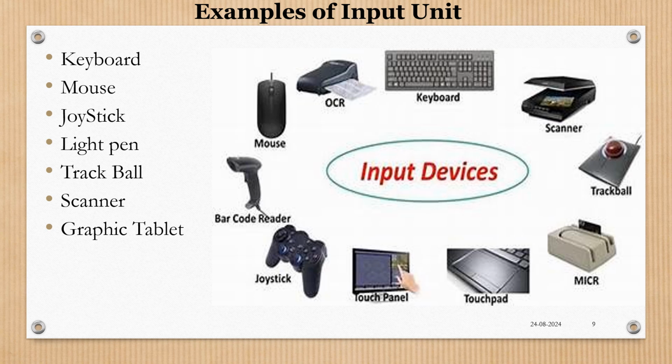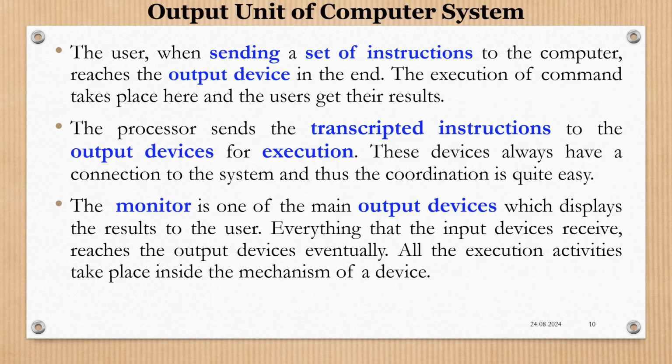There are different types of input units like keyboard, scanner, trackball, MICR, touchpad, touch panel, joystick, barcode reader, mouse, and OCR. All these are input units that give data to the computer, and the computer processes the data.